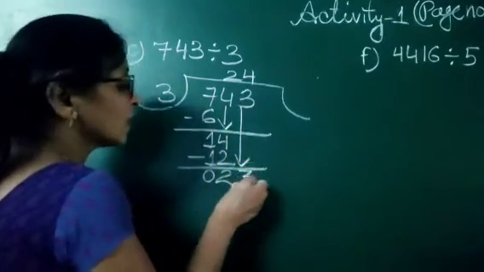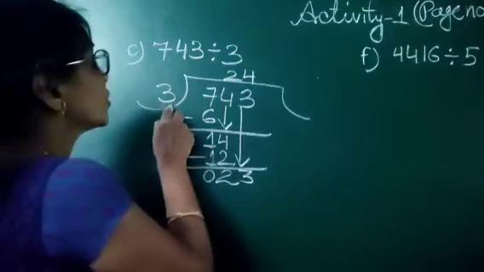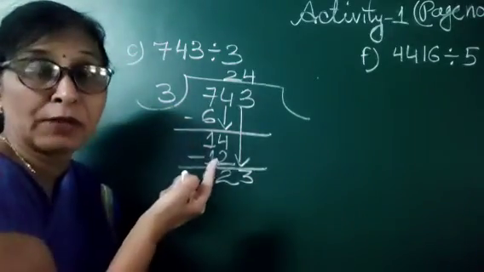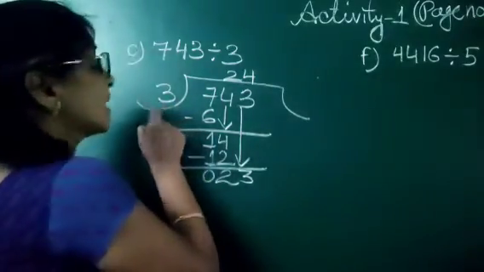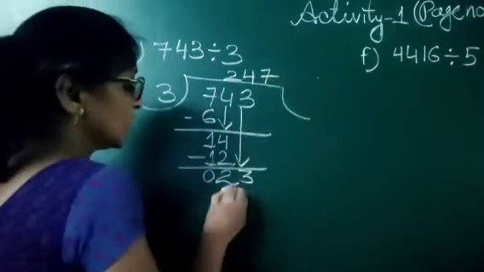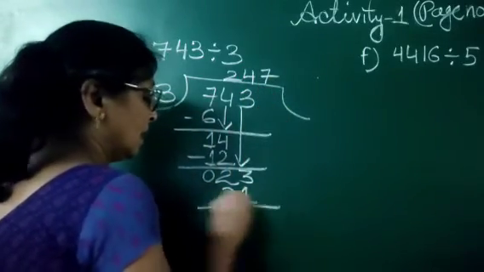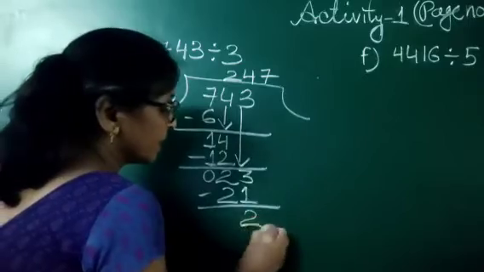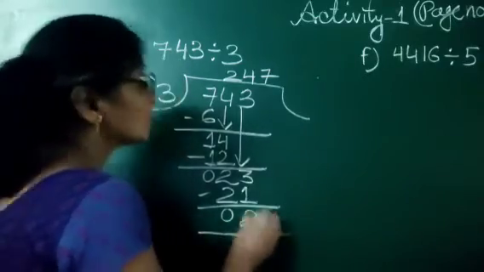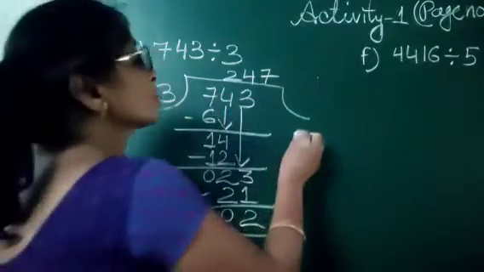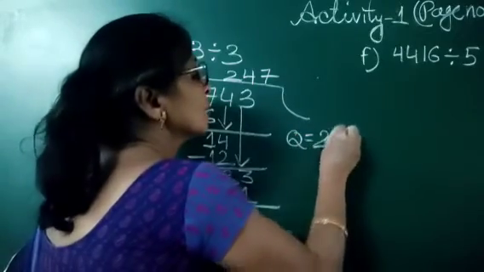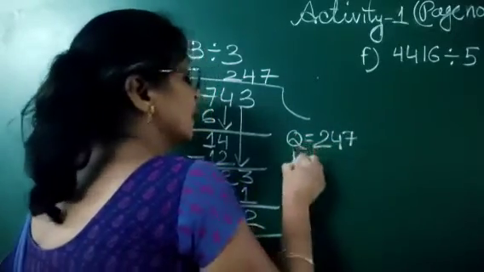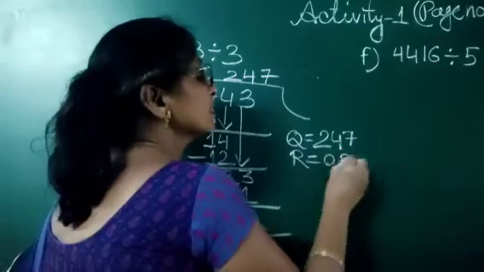Now this 3 we can write here. Then 3 8s are 24, more than that. So we write 3 7s are 21. Subtract, that is here 2 and 0. 2 is the remainder and our quotient is 247 and the remainder is 2.